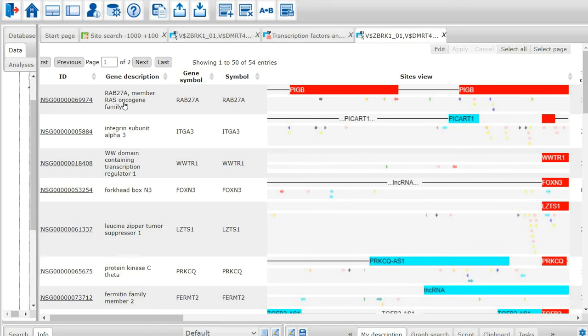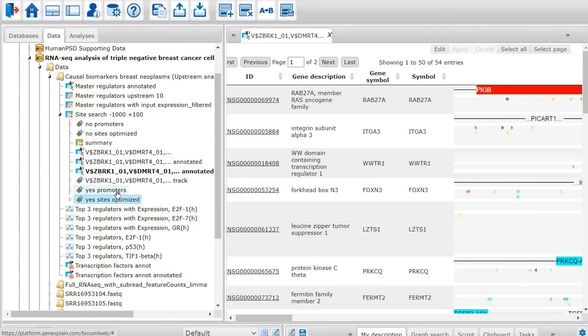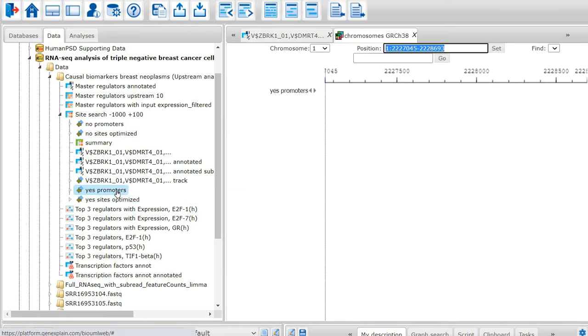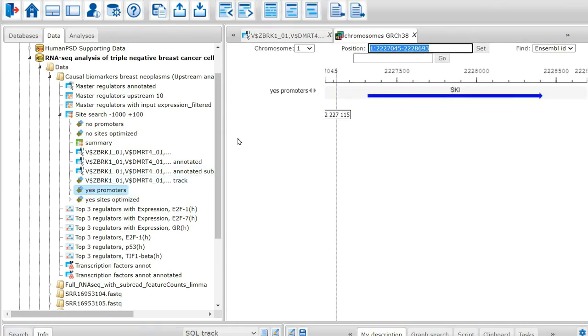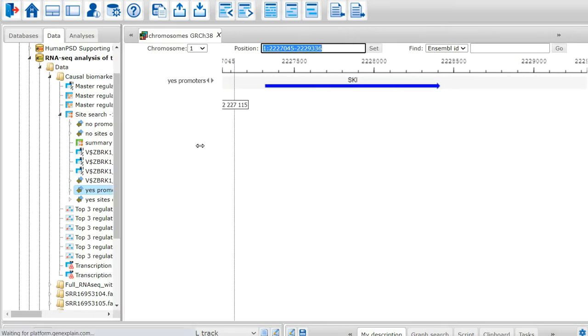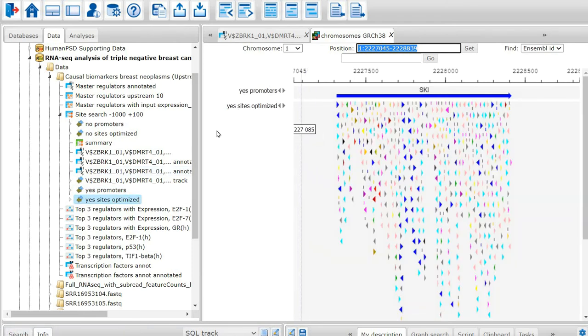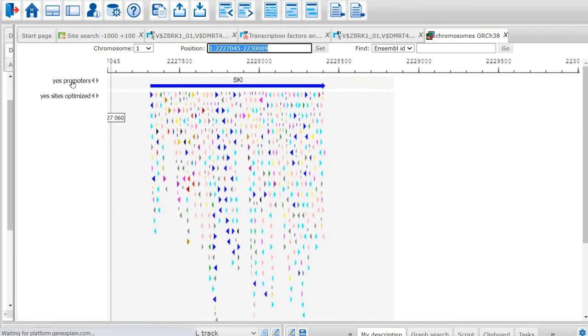Next, I am interested to visualize the identified transcription factor binding sites on the genome. I open the track file Yes Promoters in the inbuilt genome browser. Yes Promoters means the promoters of the upregulated genes in my study. The track Yes Sites Optimized, when opened in the genome browser, visualizes those sites that are overrepresented in the promoters of the upregulated genes.